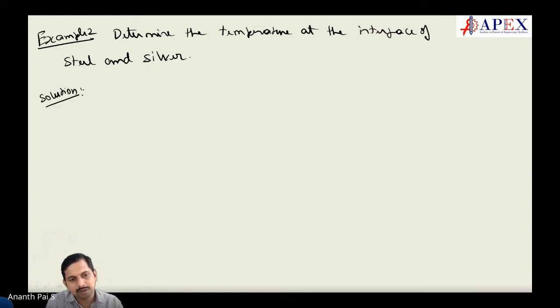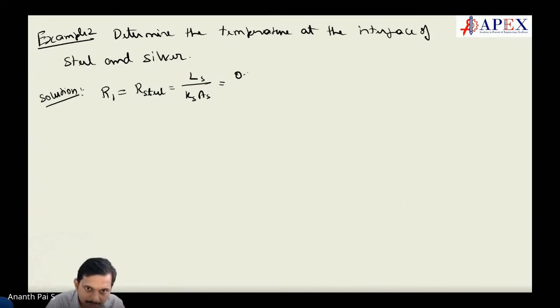Solution. Okay. R1 is equal to R steel, which is equal to L steel divided by K steel into A steel, is it not? L steel is 4 centimeter. So you say 0.04 divided by K steel, which is 35, into A steel.